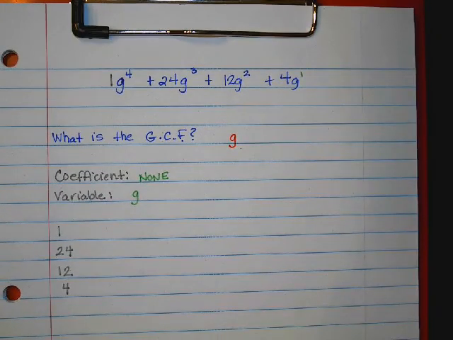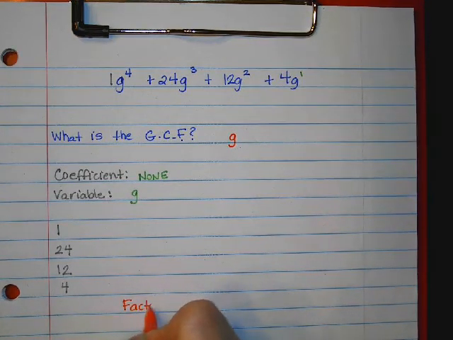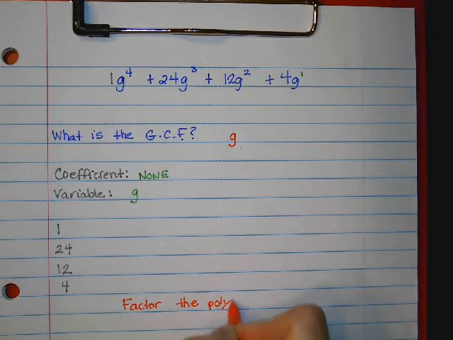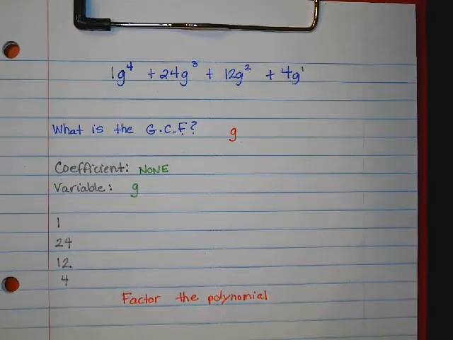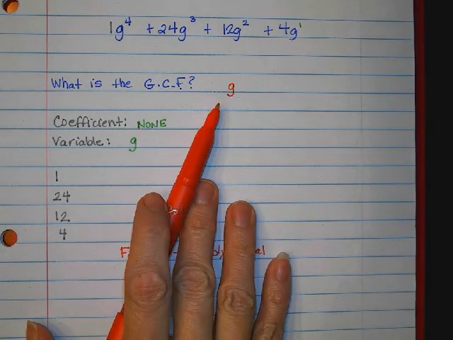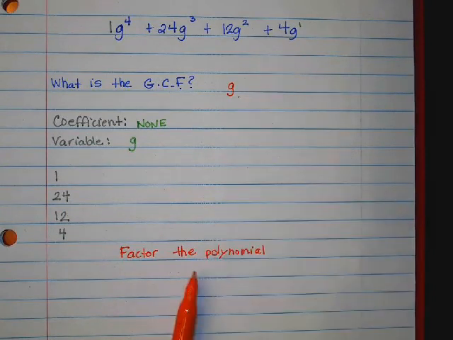Now if they say factor the polynomial, when they ask us to factor, I'm going to bring this up just a smidge. Factor means they want you to find the GCF, which up here is g, and then they want you to divide each term by the g. That's what factor means.